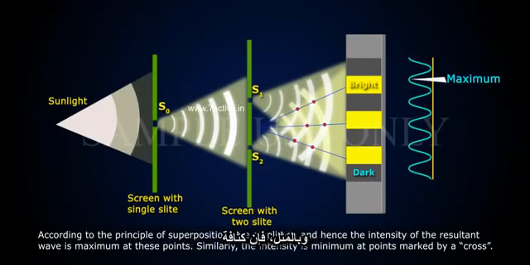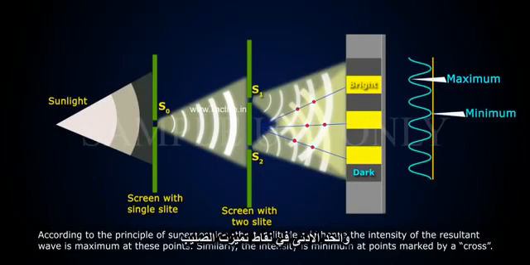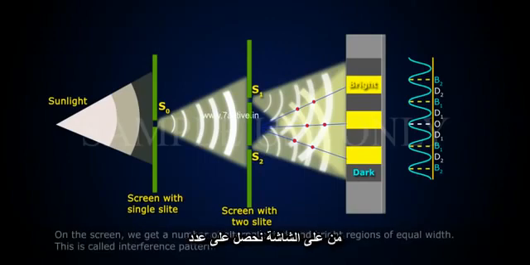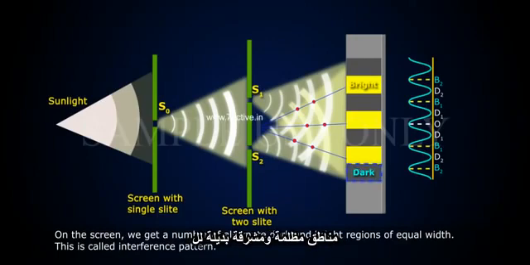Similarly, the intensity is minimum at points marked by a cross. Thus, the resultant intensity is maximum along the lines connecting the circles. On the screen we get a number of alternate dark and bright regions of equal width. This is called an interference pattern.